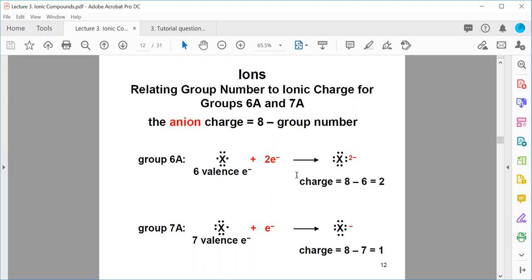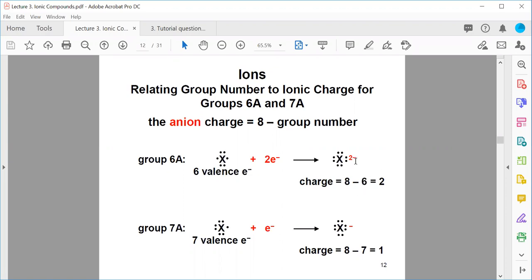All right, so as a result, this group 6A element has now picked up a 2 negative charge because it has 2 additional electrons, remember, that are not balanced by 2 protons. So how do we know the charge? We simply say 8 take away the group number, which is 6A, and that leaves 2.